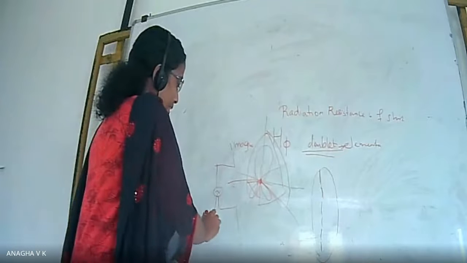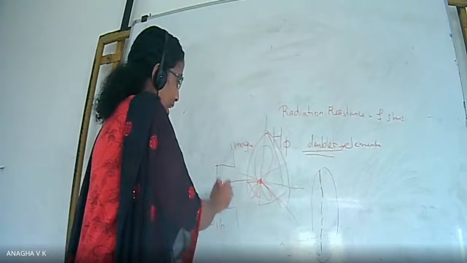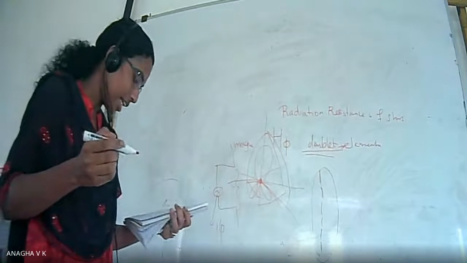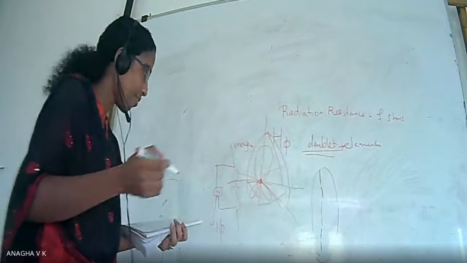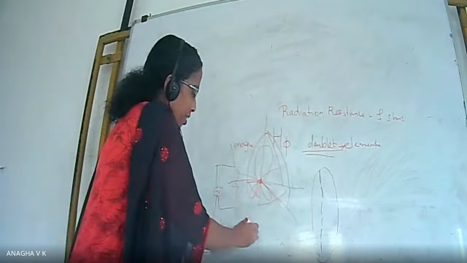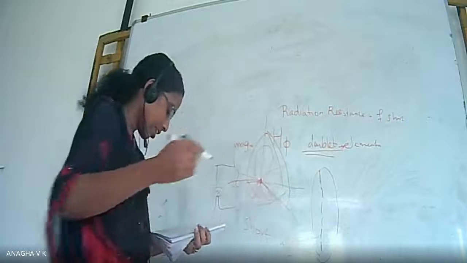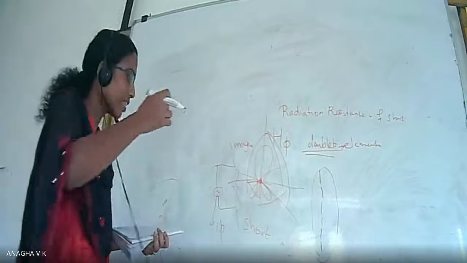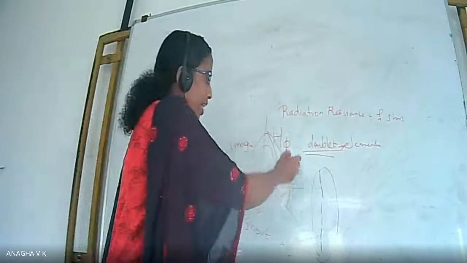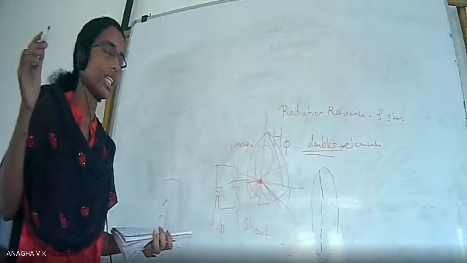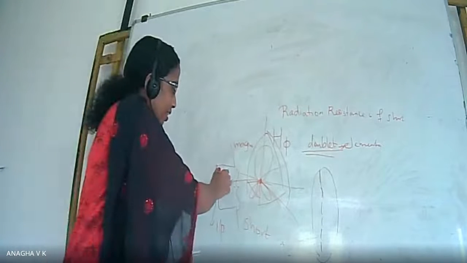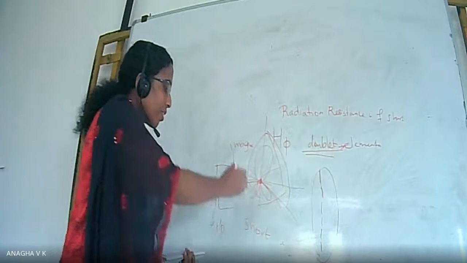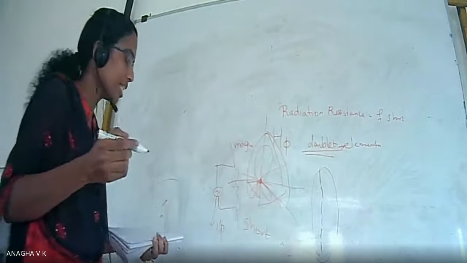So the input is given at the center and the antenna has a very short length, very short compared to the wavelength. Wavelength is in the thousands range, but this antenna's length is only a few meters or so.